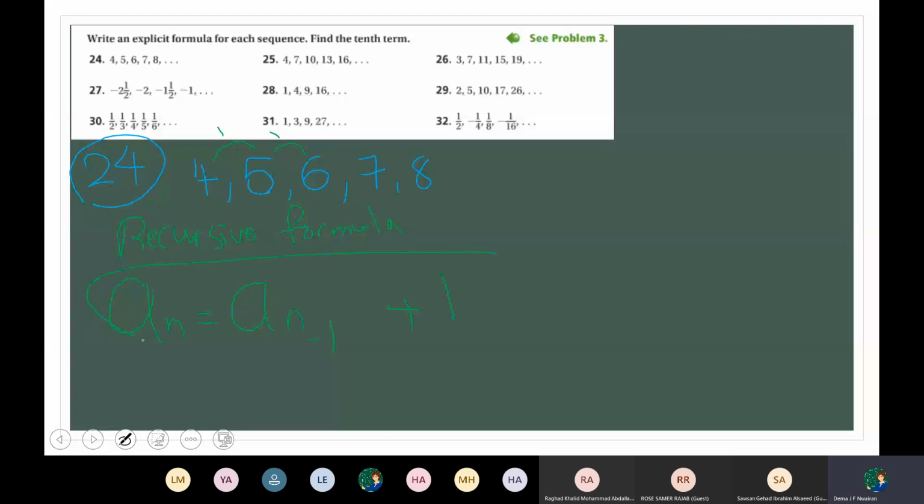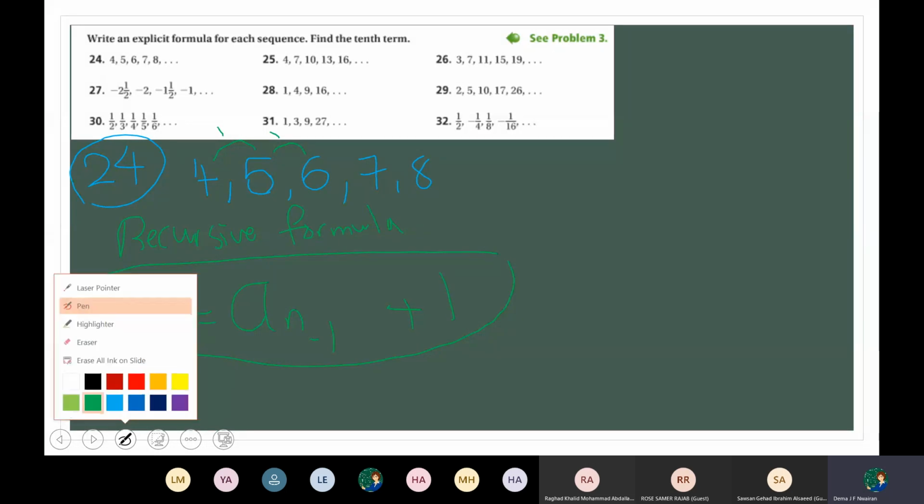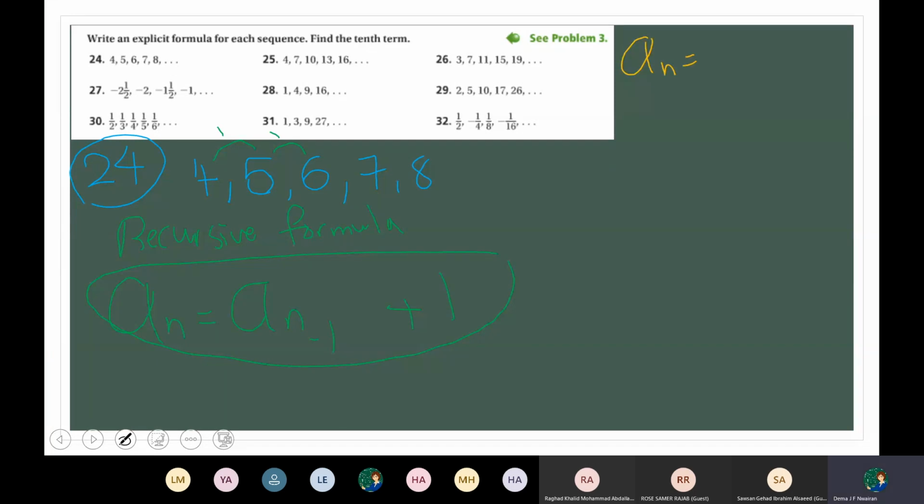This is for the recursive formula. So for these ordered numbers, if I ask you to find the recursive formula, you have to find it like this. You say a of n is a of n minus 1 plus 1. This is a recursive formula.